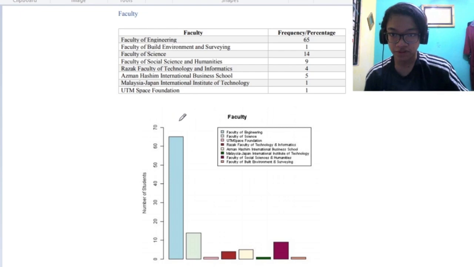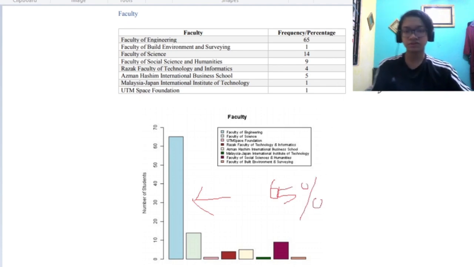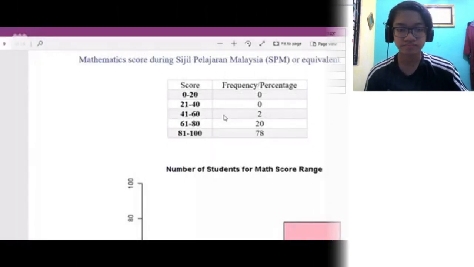From this bar chart you can see the major respondents. The major respondents come from the Faculty of Engineering, for over 55% of all the respondents. Thank you.